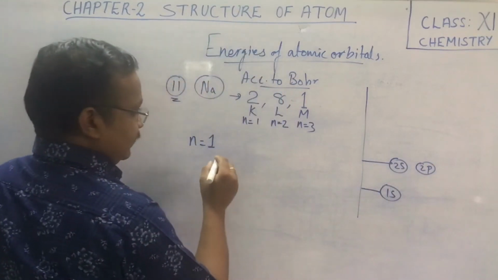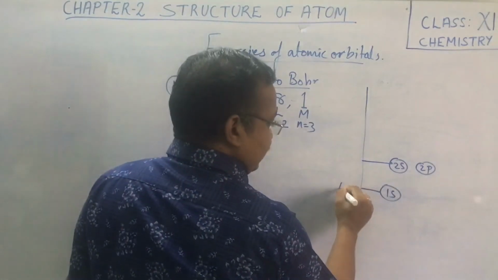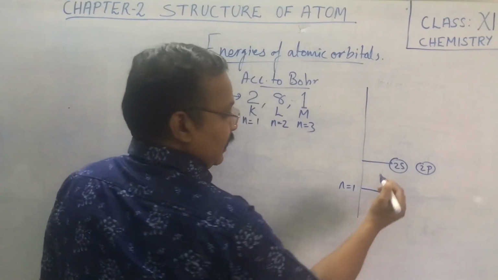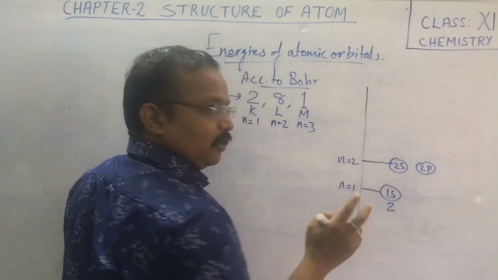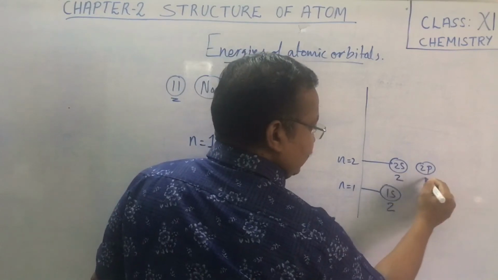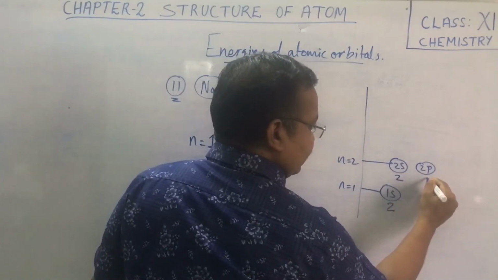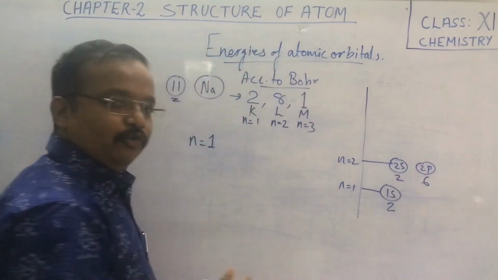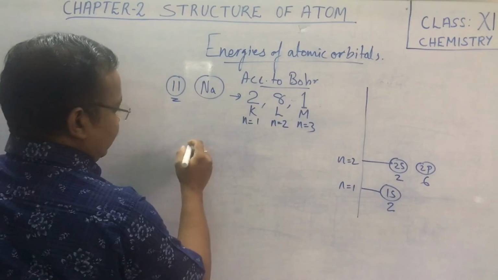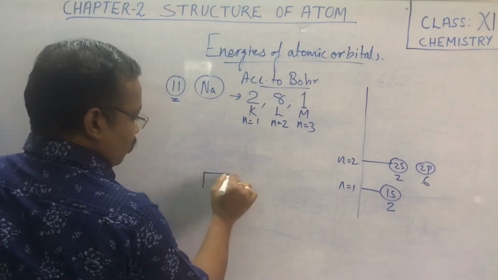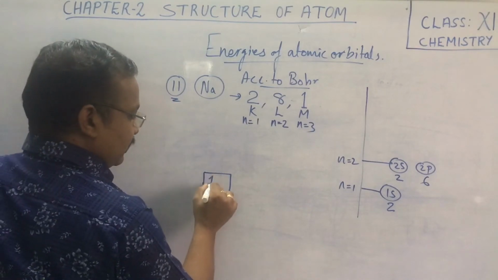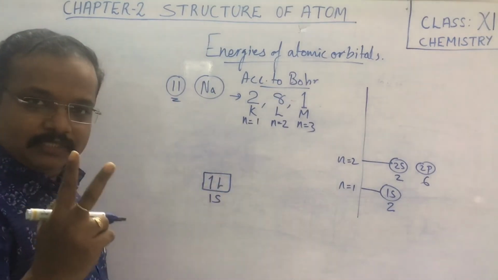Why? Because in the first, n equal to 1, we can accommodate 2 electrons, okay, and when n equal to 2 we can accommodate 8 electrons. So here 2 will come, and in the p orbital we can accommodate 6 electrons. How do we accommodate 6 electrons? Because children, you have studied that an s orbital, if it is a 1s orbital, can accommodate 2 electrons, correct?